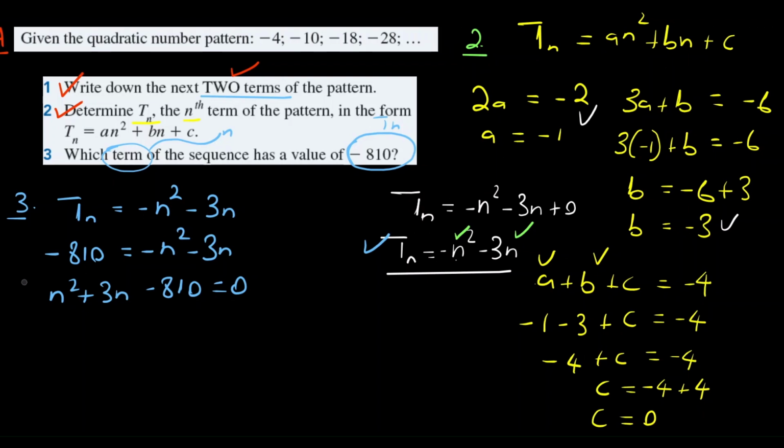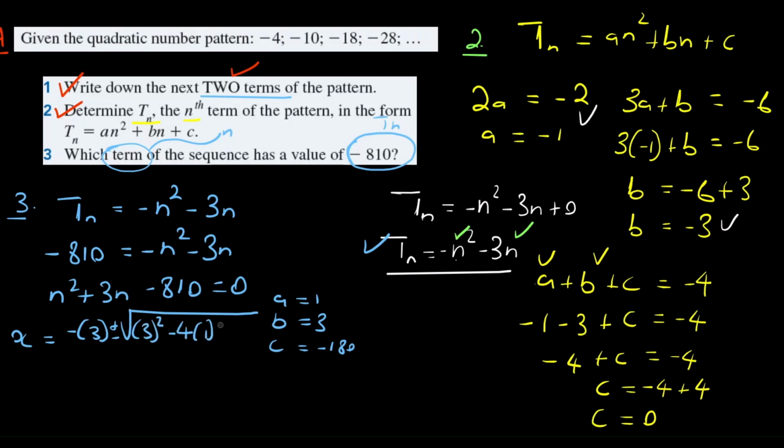And in this instance, we can just quickly use the quadratic formula and see what value we get. So our a value will be 1, our b value will be 3, our c value will be -810. So x will be equal to -b, which is -3, plus or minus the square root of b squared, which is 3 squared, minus 4a, which is 1, times c, which is -810, all divided by 2a, which is 2.